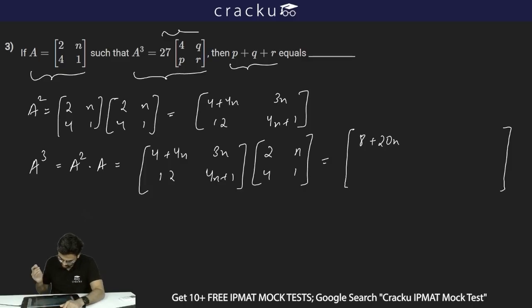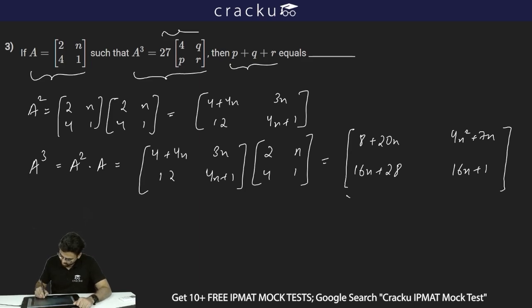Now 4 plus 4n into n is 4n square plus 4n plus 3n. This will be 4n square plus 7n. Then we have 12 into 2, which is 24, and 4n plus 4, 16n plus 4, which gives 16n plus 28. And then we have 12 into n plus 4n plus 1, which is 16n plus 1.